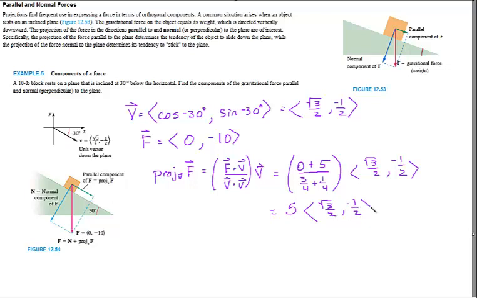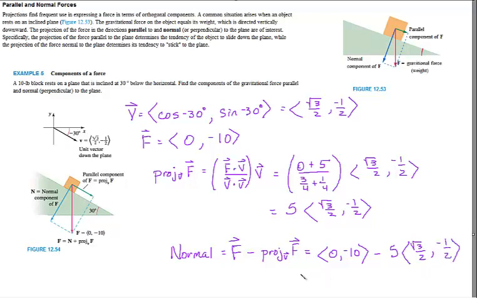Now for that normal component, all I need to do is take that vector F and subtract off the projection of F onto V. So F was 0, -10, minus 5 times the square root of 3 over 2, and then the -1/2.